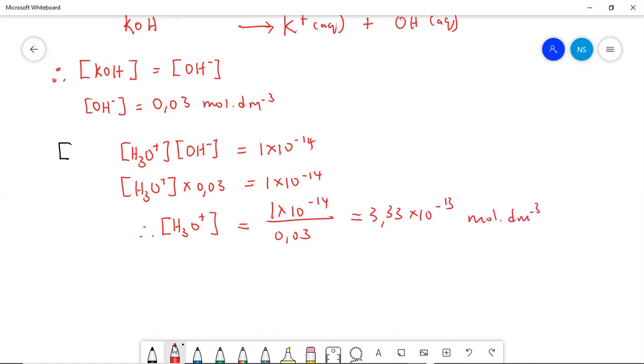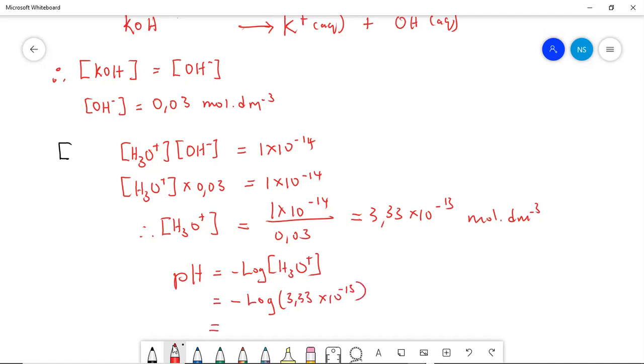So now that we have the concentration of hydronium ion, to calculate the pH will be simple. pH equals minus log the concentration of hydronium, right? And then this will be equal to minus log 3.33 times 10 to the power negative 13.